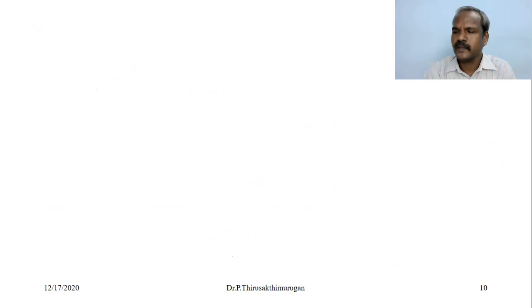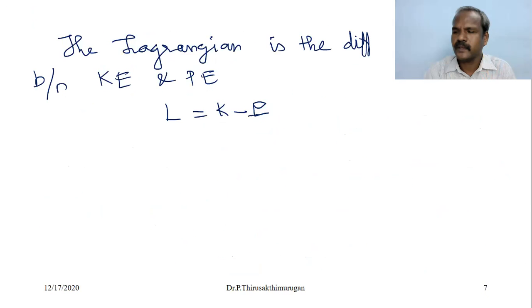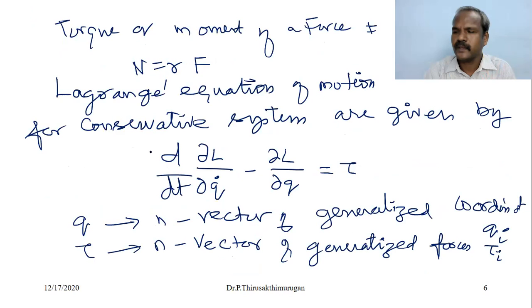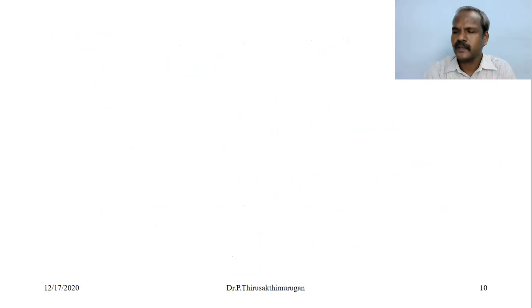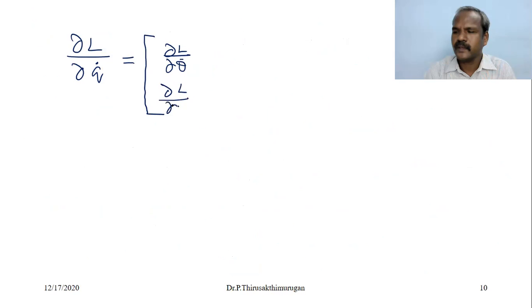Now we know the Lagrangian equation: d by dt of dou L by dou Q dot minus dou L by dou Q equals tau. Using this relation, we obtain dou L by dou Q dot, that is dou L by dou theta dot and dou L by dou r dot.